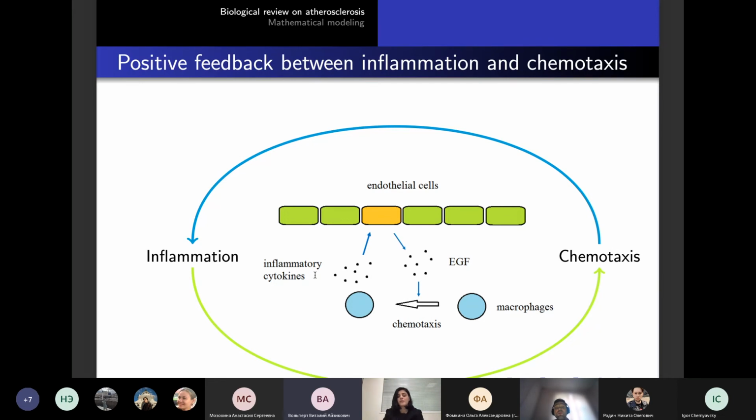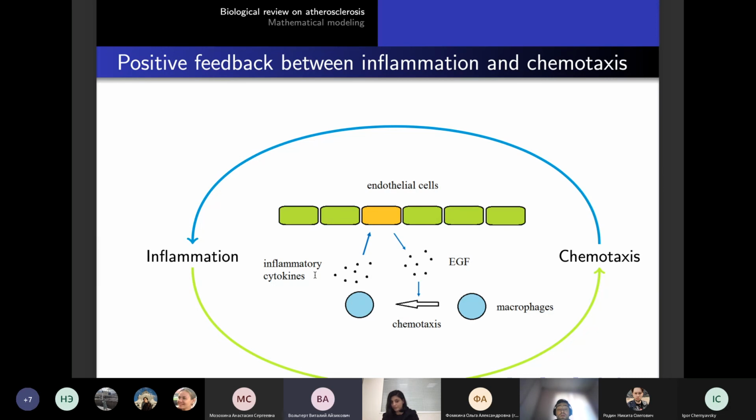So the main point here is that chemotaxis serves to accumulate. Yes, to aggregate. Well, in fact, this is our hypothesis, the point of this work: that the interaction of this inflammation and chemotaxis leads to the emergence of these fatty streaks. Fatty streaks, by definition, are already a non-homogeneous distribution of lipids in the wall.